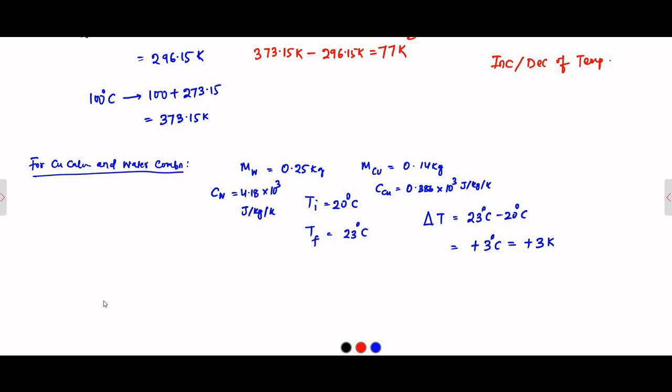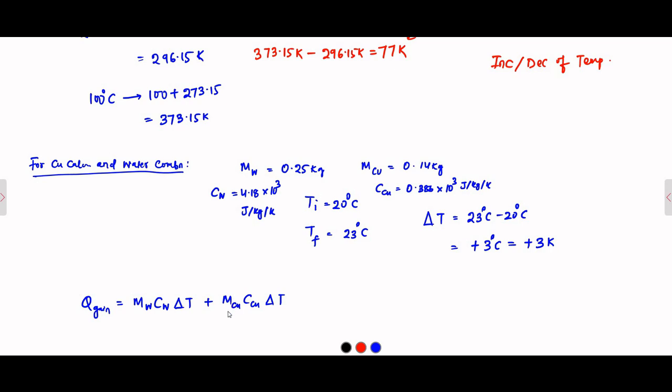So for both the water and copper calorimeter, the heat gain will be for both separately. So it will be MW CW delta T plus MCU CCU delta T. MW is mass of water, CW specific heat of water, delta T is the rise in temperature, that is 3 degrees Celsius or 3 Kelvin.